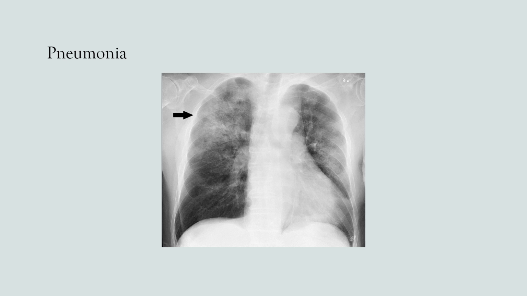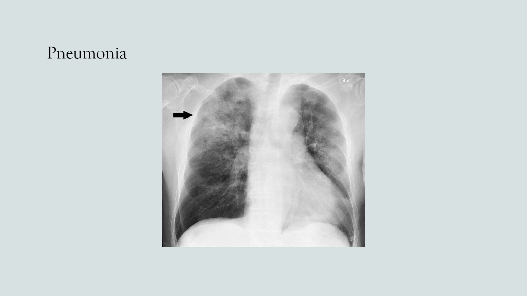Here's a chest x-ray of a patient with pneumonia. So you can see where this arrow is pointing. You have what we call patchy infiltrates. So there's some white fluffiness showing up there in that right upper lobe. And that's pretty indicative of pneumonia. So with pneumonia, the fluid collection is not evenly dispersed.